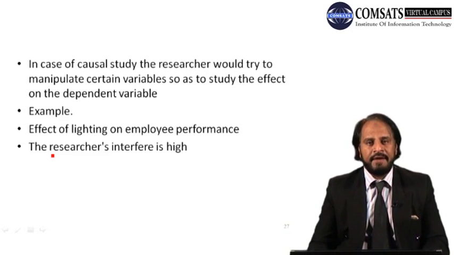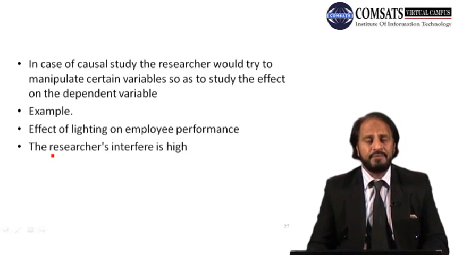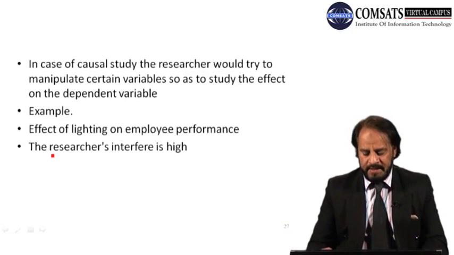Whereas in the Hawthorne study, as in the example I just gave you, the lights were reduced and the light was enhanced. There was more manipulation by the researcher, so the interference was way higher. So by comparing these two, you could now say that in some studies the interference of the researcher is minimum, whereas in some studies the researcher interference is high.